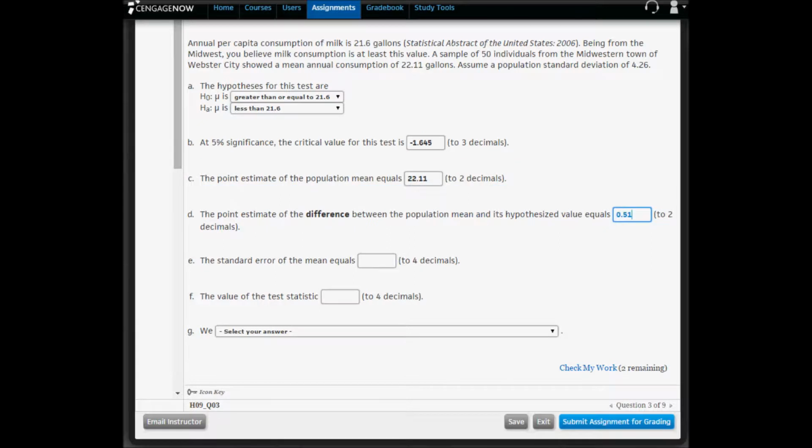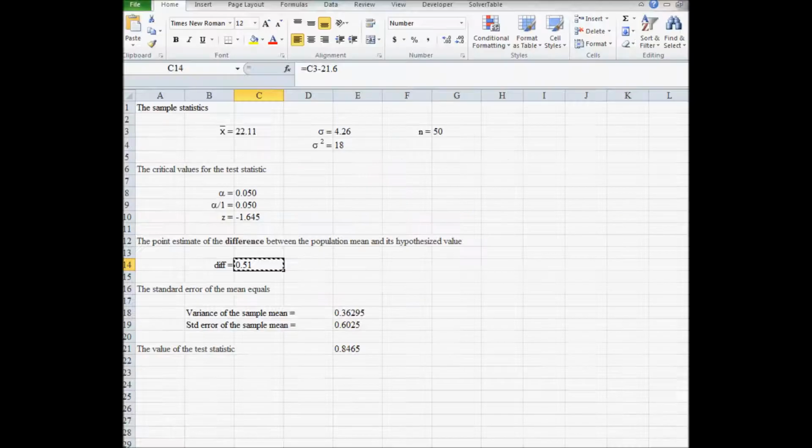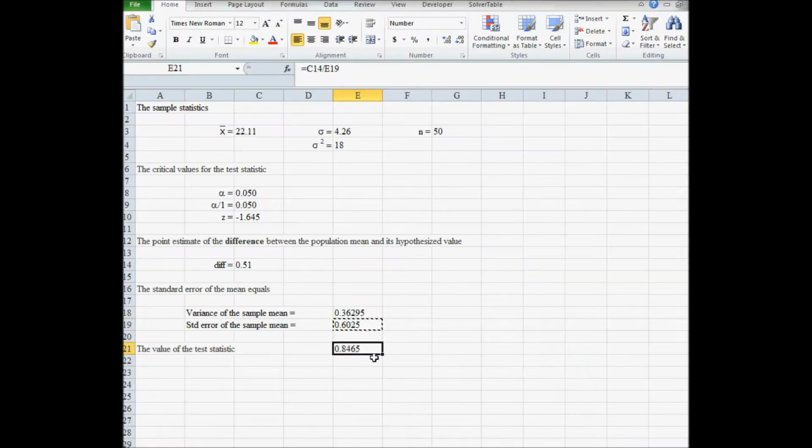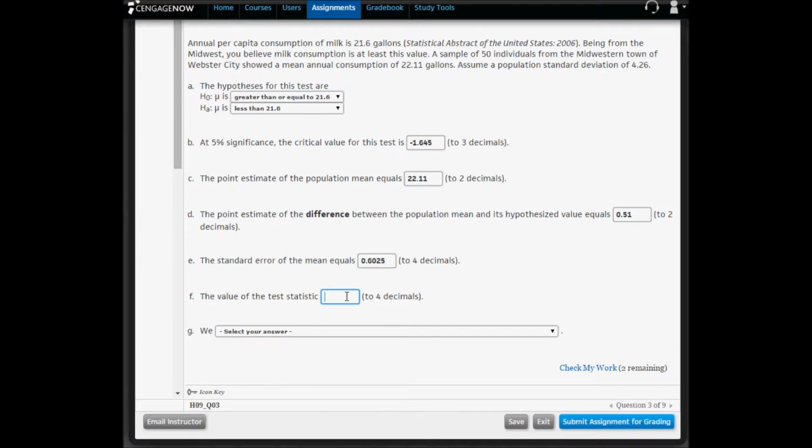And these two are to 2 decimal places. The standard error to 4 decimal places is 0.6025. The test statistic to 4 decimal places is 0.8465.